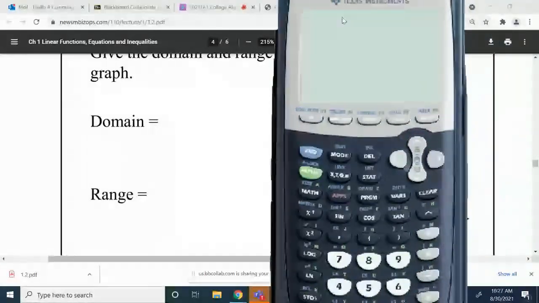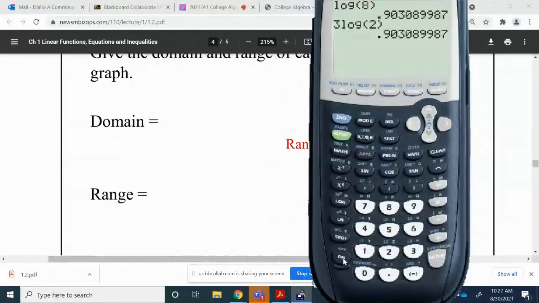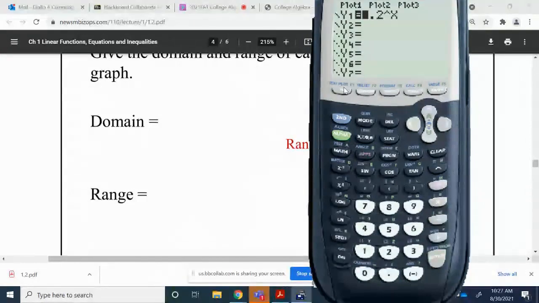I'm going to graph this on the calculator. I'm going to go into y equals, and I'm going to clear out any equations.